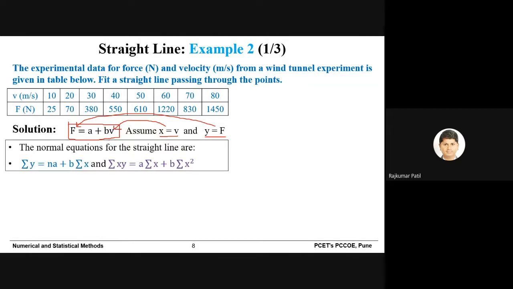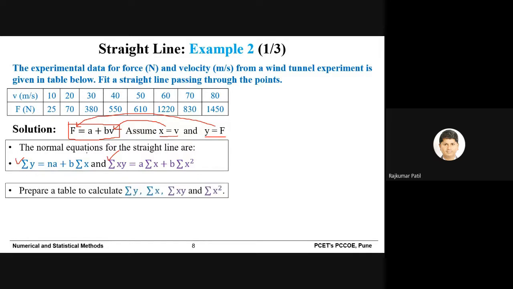Once the equation is converted to y = a + bx, then of course these are the two normal equations: summation y = na + b summation x, and summation xy = a summation x + b summation x square. Then again, we need to prepare the table for summation y, summation x, summation xy, and summation x square.